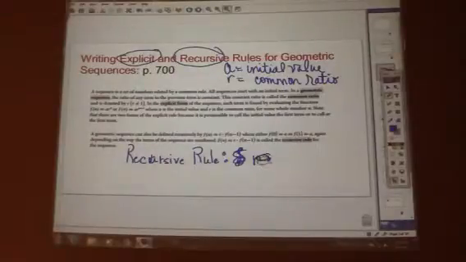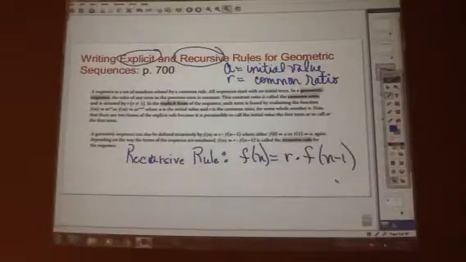Start all over. f of n equals r times f of n minus 1. And after that, there will be some more stuff written, but I can't really tell you until we get to the problems. Those are your two formulas, or actually three.